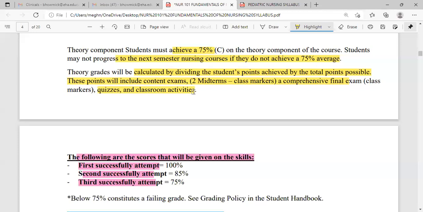So our unique active learning methodology pairs very high yield application or analysis level questions with detailed explanations, which every instructor is supposed to do.